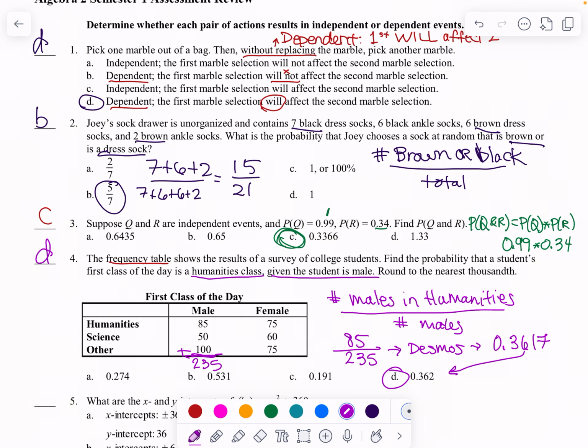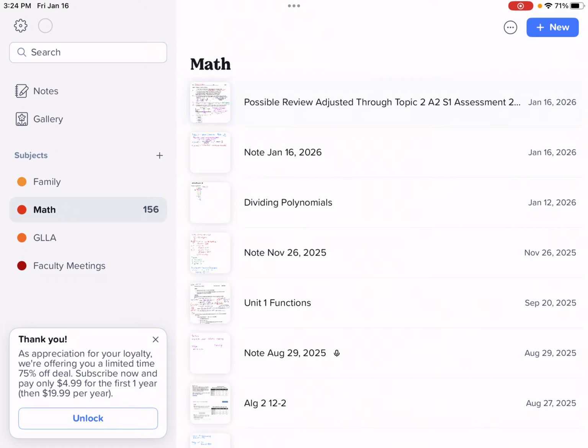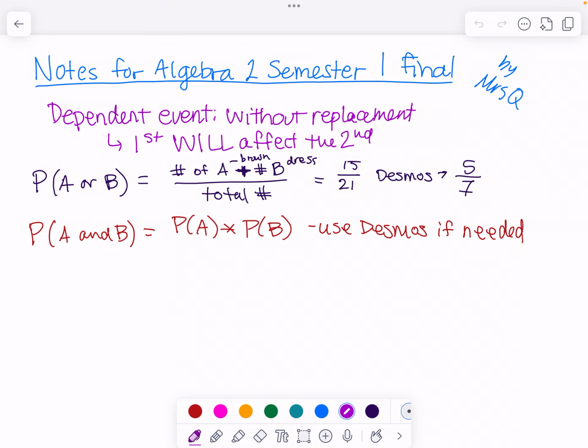So if it says given, that's what I'm looking for in my notes. If it says given, then it would be the number of the specific, divided by the number given.